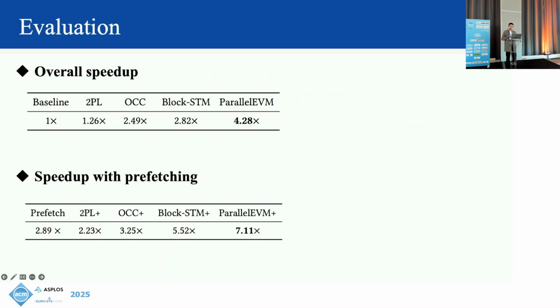We run experiments using historical Ethereum mainnet transactions, and we compare parallel EVM to optimistic concurrency control, two-phase locking, and Block-STM, which is a state-of-the-art concurrency solution. Parallel EVM achieves over 4 times speedup in standard settings, and when combined with state prefetching, the speedup exceeds 7 times.